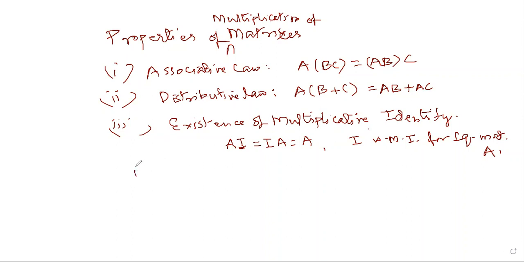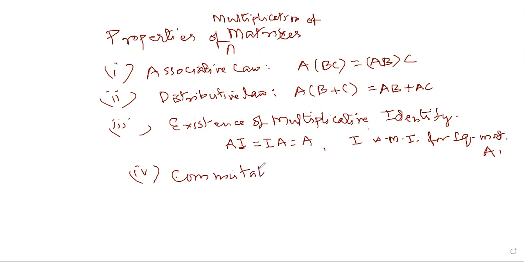Now for commutativity, it is not necessary that if A and B are two matrices and both AB and BA exist, then AB will be equal to BA. Commutativity does not exist.